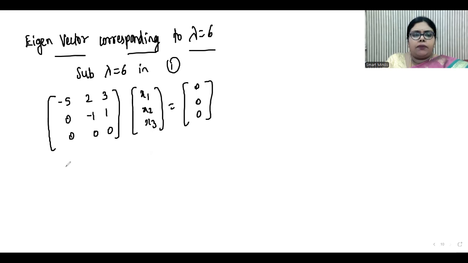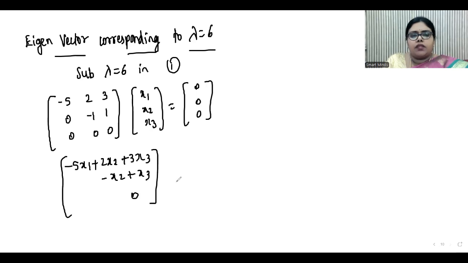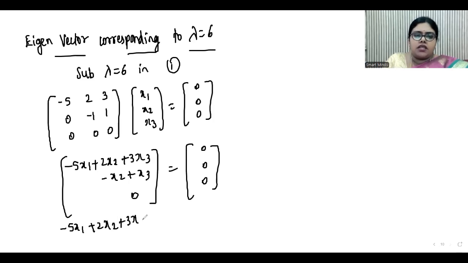Now if you multiply, you'll get minus 5x1 plus 2x2 plus 3x3, then minus x2 plus x3, and the last one is 0, equal to 0, 0, 0. So if you equate this, minus 5x1 plus 2x2 plus 3x3 equals 0, and the other equation is minus x2 plus x3 is 0.